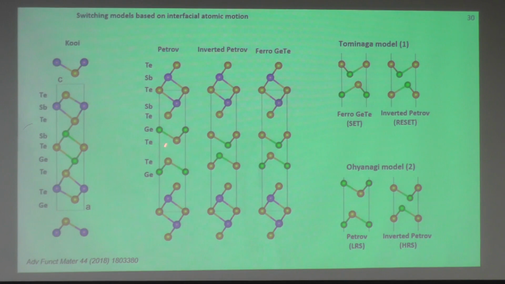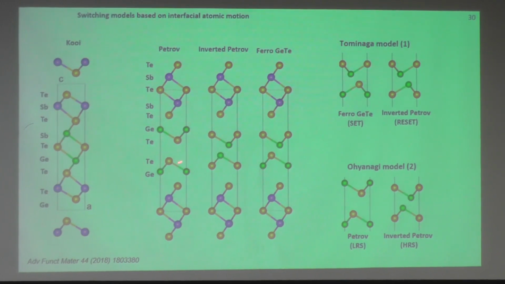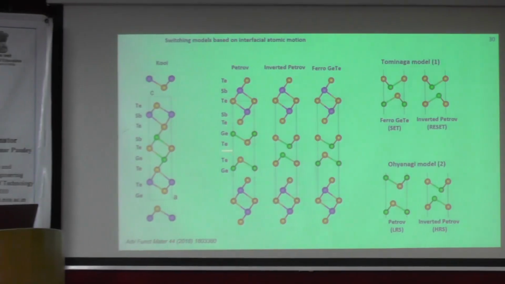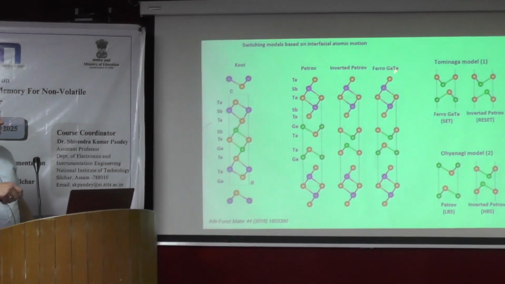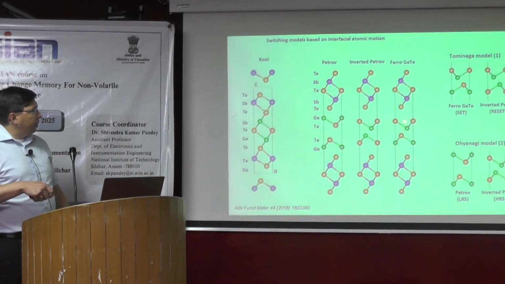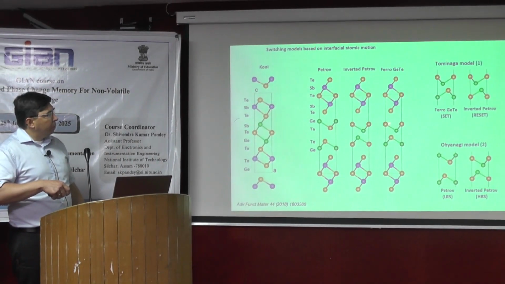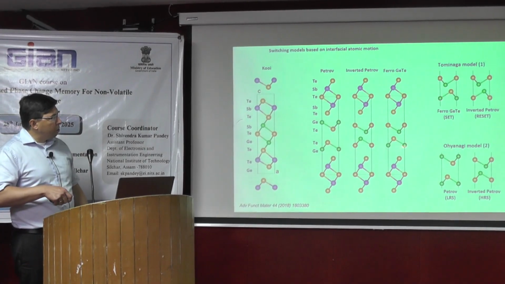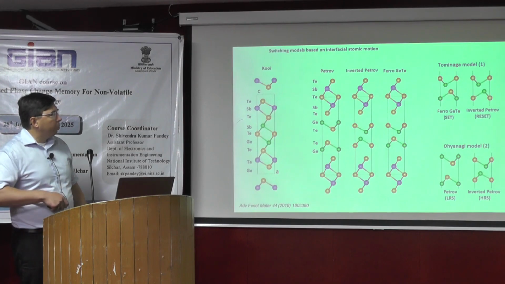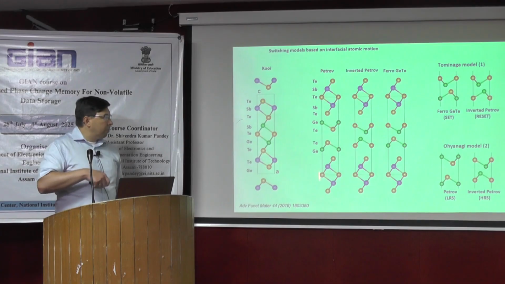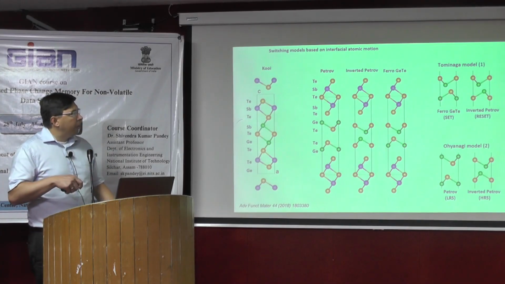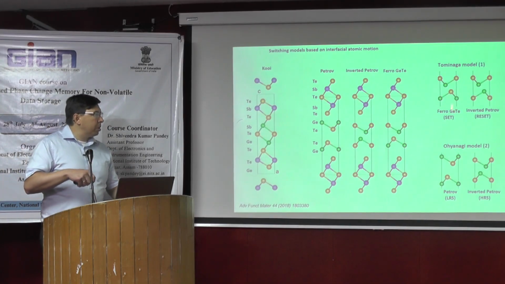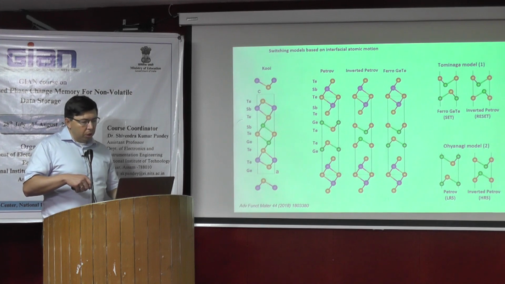This is the inverted Petrov structure, where we allow the germanium to move back to the empty site. And then this is ferro-GeTe, where we have a different local structure, with tellurium, germanium, tellurium, germanium. In both of these cases we have germanium, tellurium, vacancy, tellurium, germanium. Based on these models, you can calculate properties using simulations.